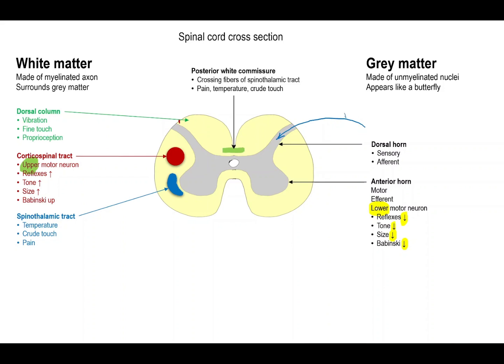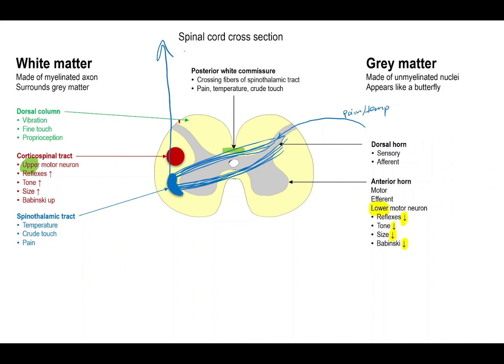So this will be pain and temperature fibers entering the dorsal horn of gray matter, and then they will cross over to the opposite side to the spinothalamic tract. Some fibers will go right here, posterior to the central canal, and some fibers will come anterior to the central canal. These fibers are called the posterior white commissure and anterior white commissure. And then this fiber will be carried in the spinothalamic tract all the way to the brain like that.